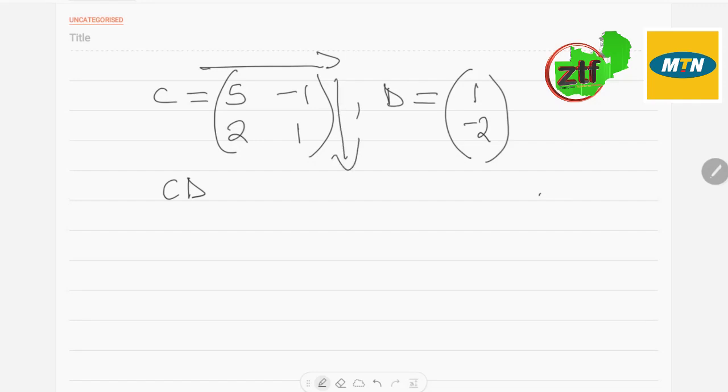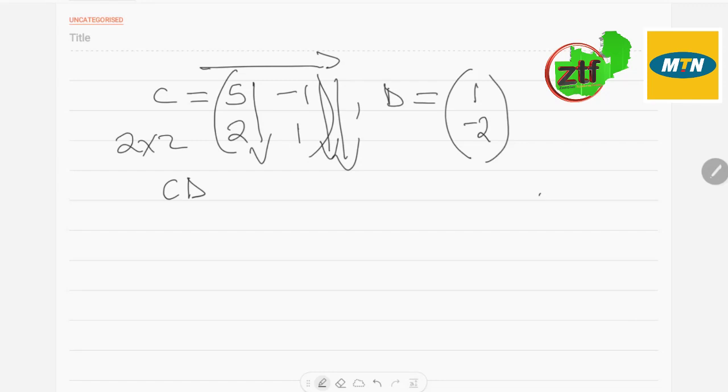If the question asks what is the order of matrix C, they're simply asking how many rows and how many columns it has. We have row 1 and row 2, then column 1 and column 2. So the order of this matrix is a 2 by 2 matrix.